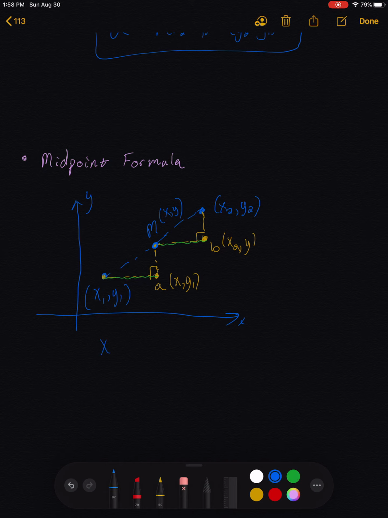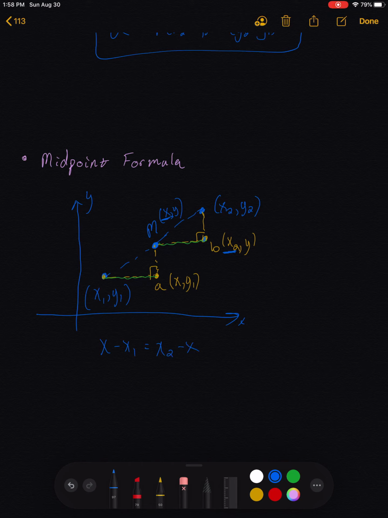That is, it's x minus x1. And if we look at B, again, the distance between the midpoint and B here, we would have that the y-coordinates are the same, it stays the same height, and it's just the change in x, from x2 to x. So that's going to be x2 minus x.